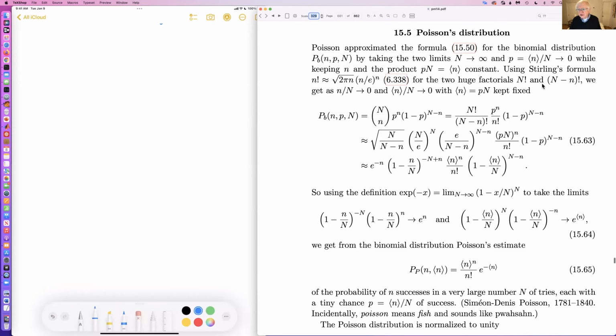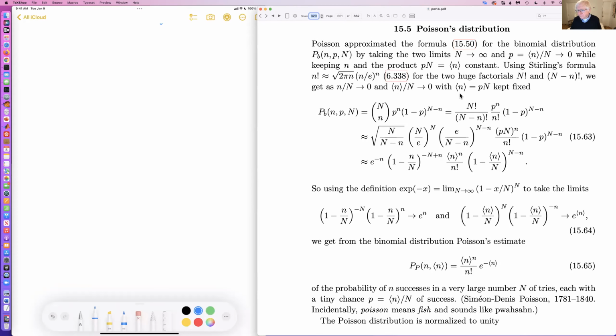And so you use Stirling's formula for the big factorials, and then you take n over big N, which is the probability P, let that go to 0. And then the expected number of successes over capital N goes to 0. But you keep the expected number of successes fixed, which is just P times N. And when you do that, this thing with Stirling's formula becomes this.